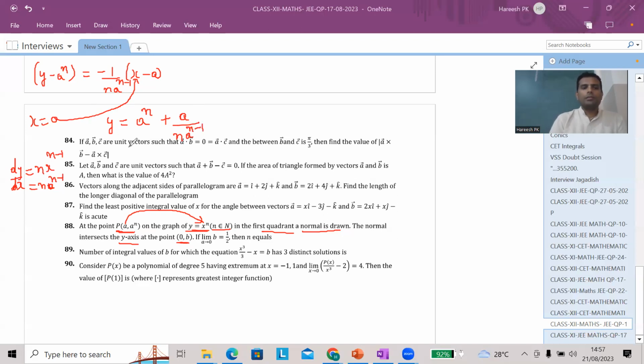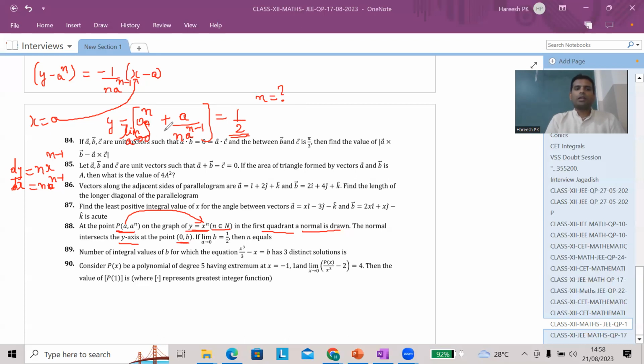Now they are saying limit as a tends to 0, this y-intercept should be half. So using this information, I should find out how much is n. Now this is easy. As a tends to 0, first term will become 0.